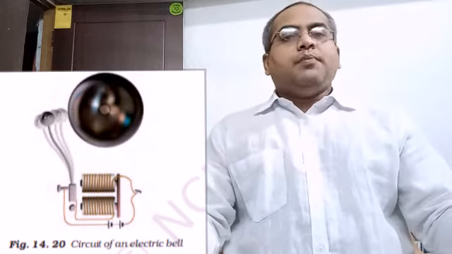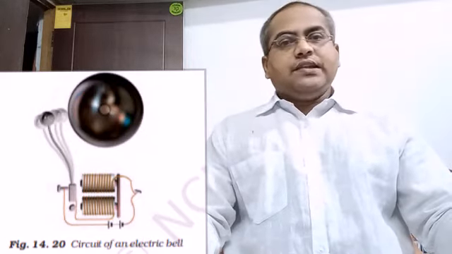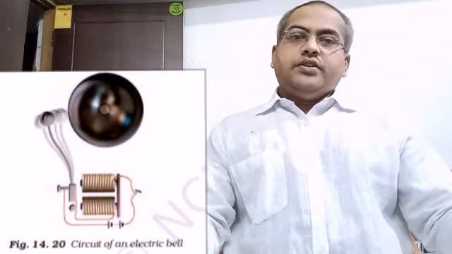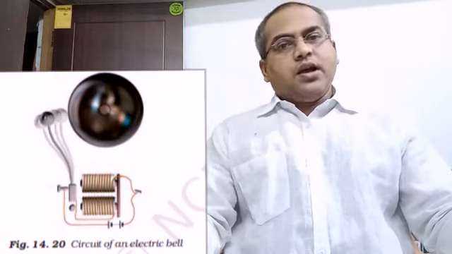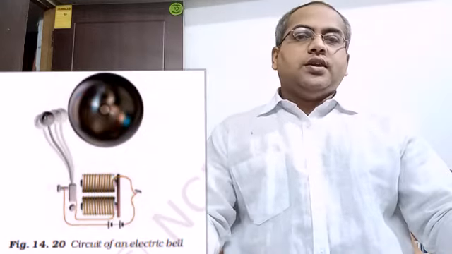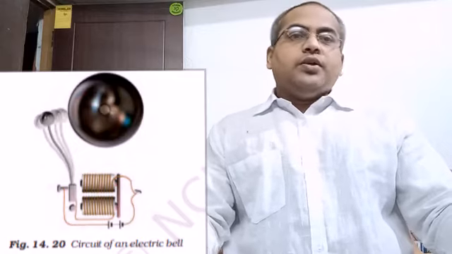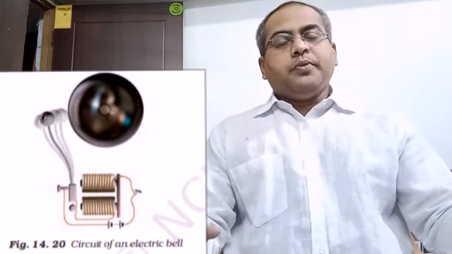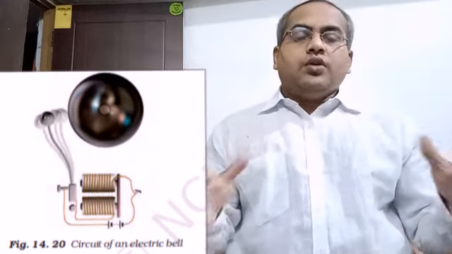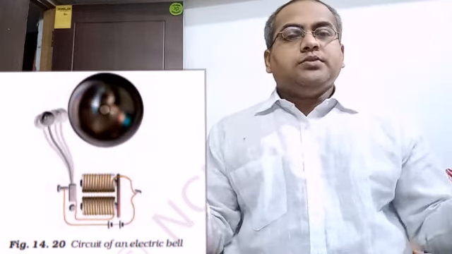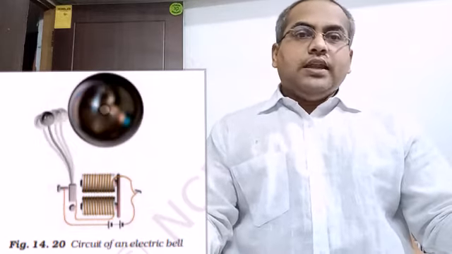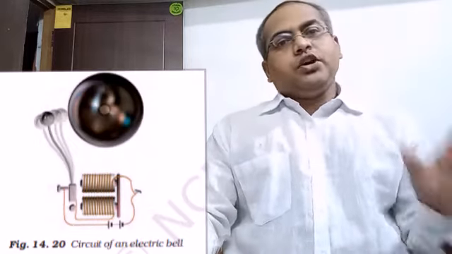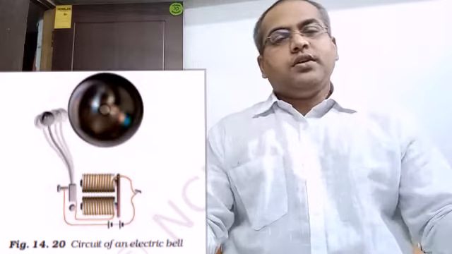The best example of a daily life magnet is the electric bell, which was already discussed by our principal sir, Dr. Aryan Sen. This is not our topic today, that is how to make an electromagnet, or the working principle of the electric bell. Our topic is only the magnetic effect of current.